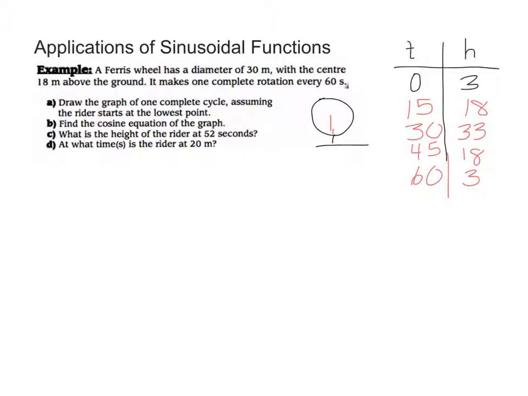If you have a table of values, then it's fairly easy to draw a graph, right? You just plot the points. So we'll do, I only need the positive quadrant, because we're not going to have negative time or negative height. And maybe we'll go, let's see.